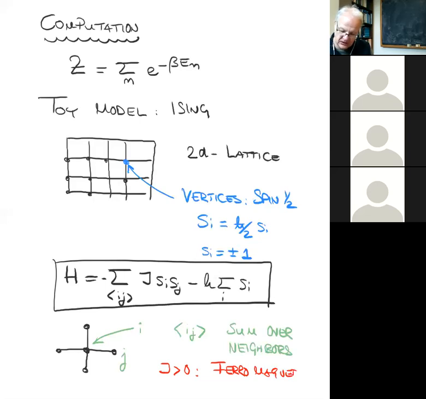Okay. And if you change the sign, now the interaction favors to anti-align neighboring spins, so that the state of lowest energy is a sort of checkerboard where alternating spins, you have one spin up, spin down, spin up, spin down, and so on. And a state like this is sometimes called an anti-ferromagnet.